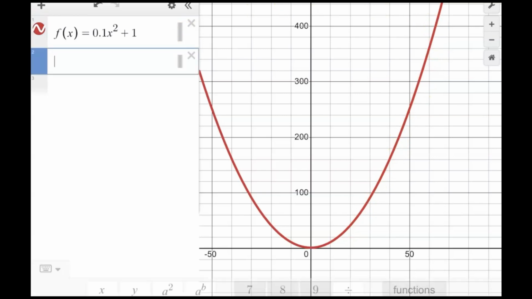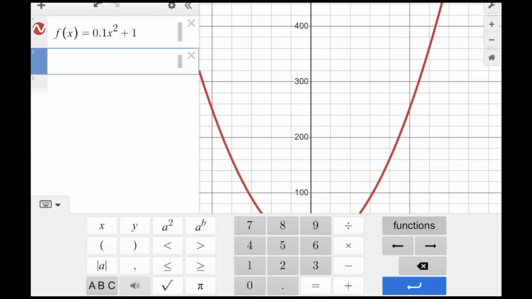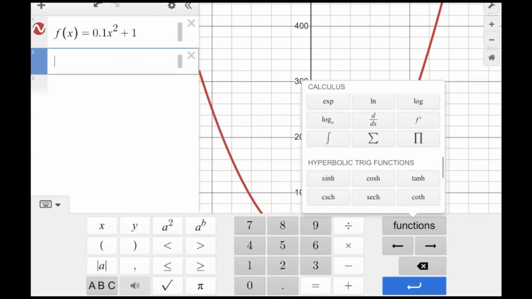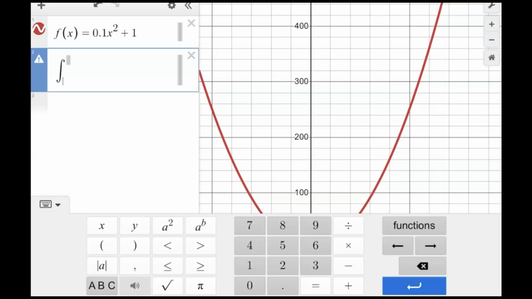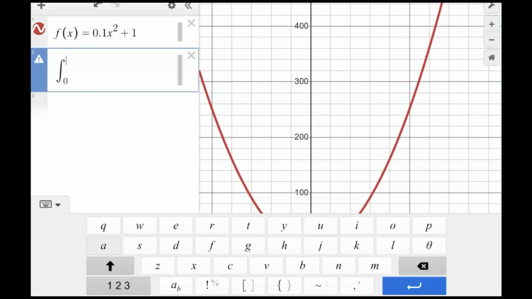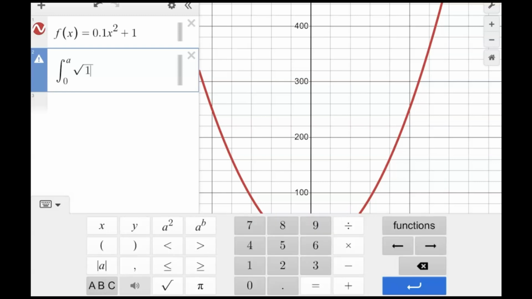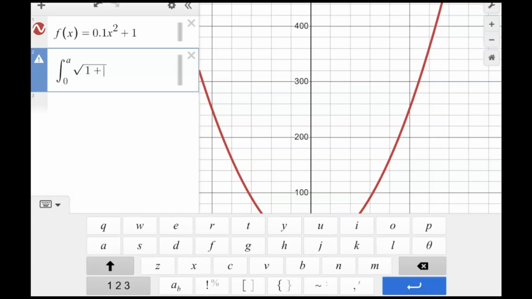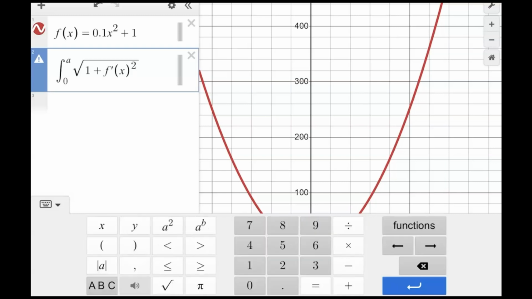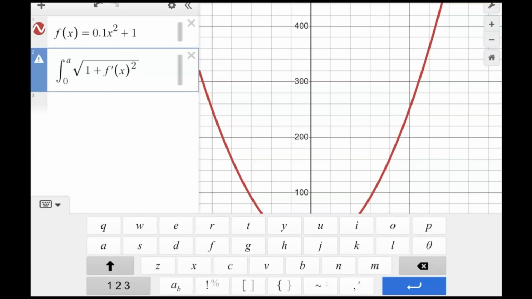We are looking for the integral from 0, where we know the particle starts, to some point a. We're not sure yet what that is. The arc length will be measured by the square root of 1 plus f prime of x squared dx.